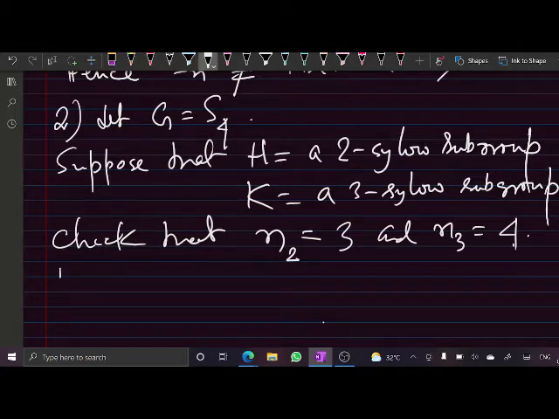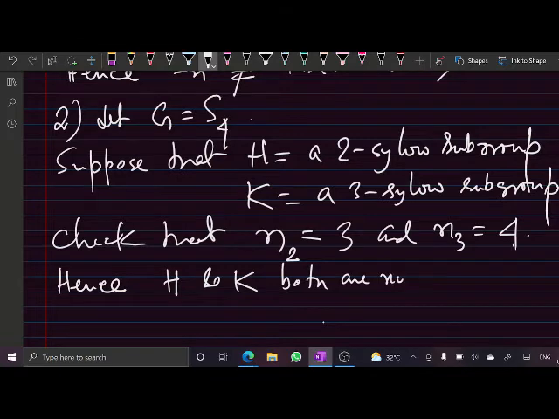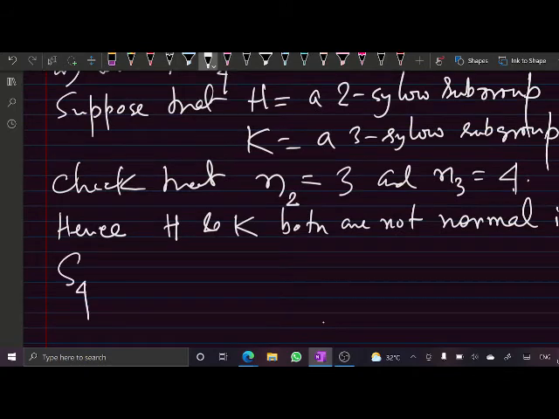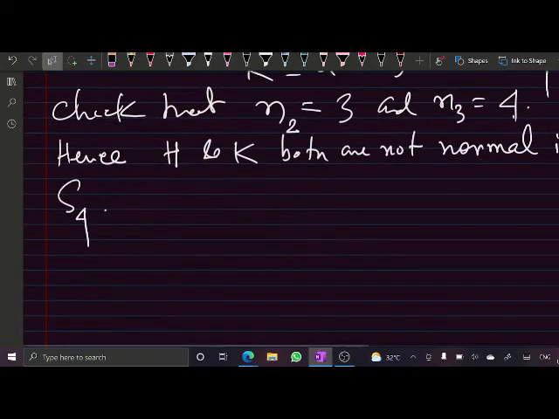So hence H and K both are not normal in S4. Okay.